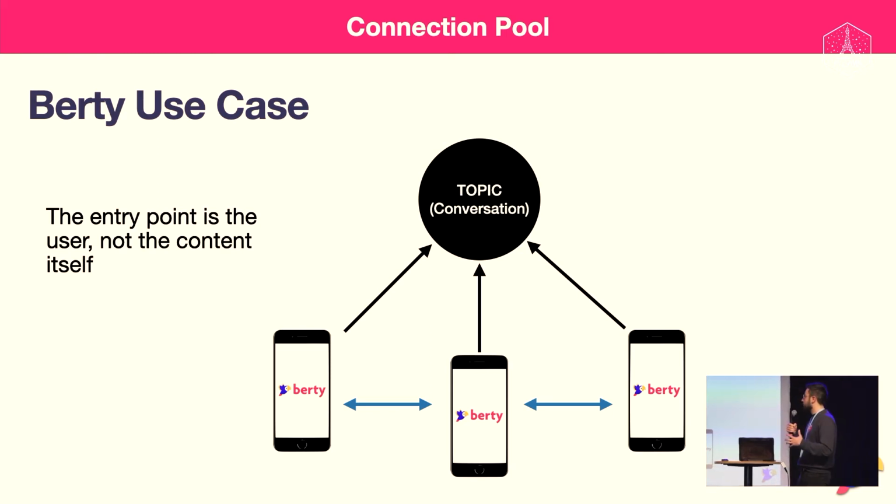So we'll have topics that are actually conversations, and every peer will look for this topic to find other peers and to exchange with them directly. It's not content-centric, but really peer-centric. We want to find other peers on the network to discuss and exchange with them directly.